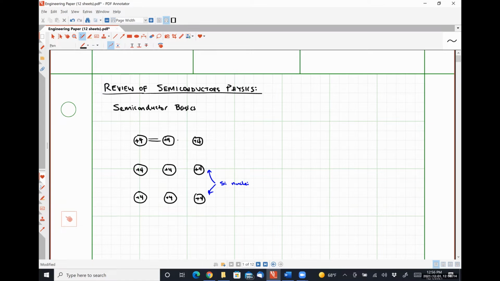So I'm going to represent these covalent bonds like so, where each of these lines represents a single electron.